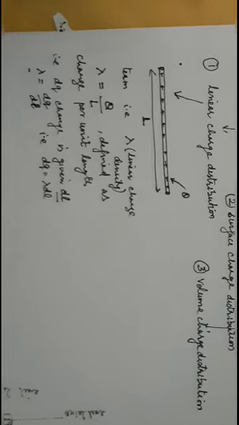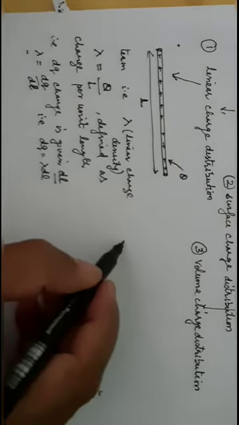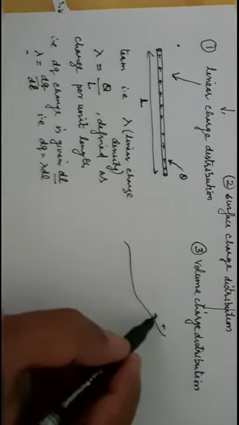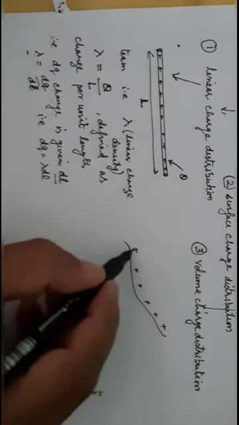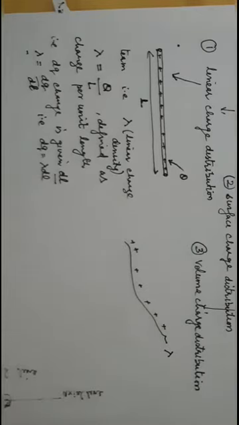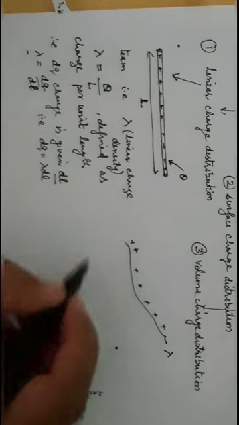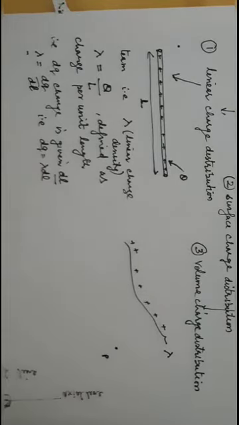Now, how do we calculate the electric field in the case of linear charge distribution? Suppose a charge is distributed over this line and its linear charge density is lambda, and I want to calculate the electric field due to this distribution at point P. Then we cannot apply Coulomb's law directly.